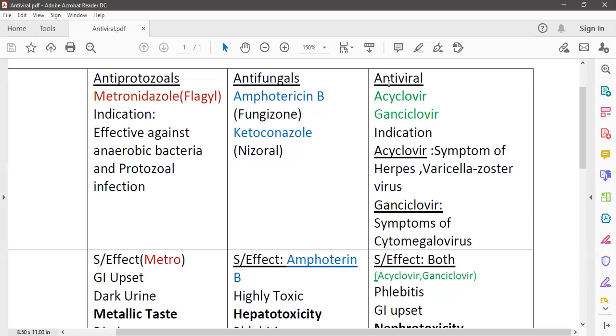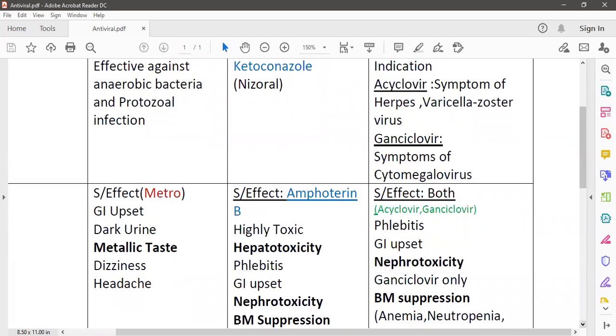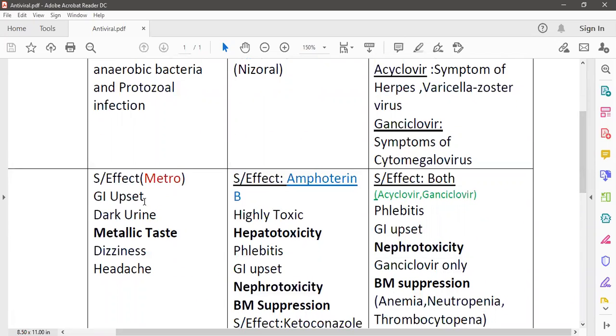And when you prescribe metronidazole, we can educate the patient about the side effects of this group of drugs. Metronidazole is sometimes used with other antibiotics or some antiprotozoals. Side effects: they cause GI upset like nausea, vomiting, and diarrhea.